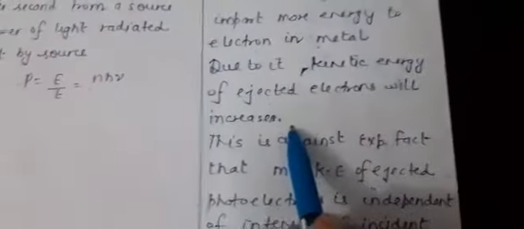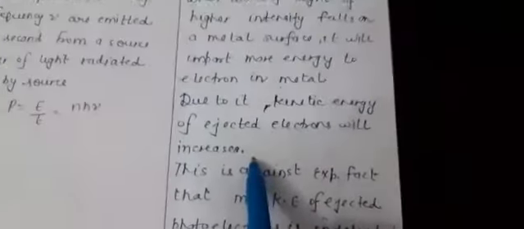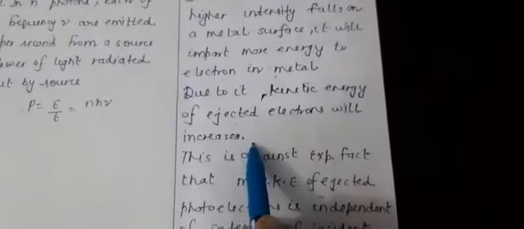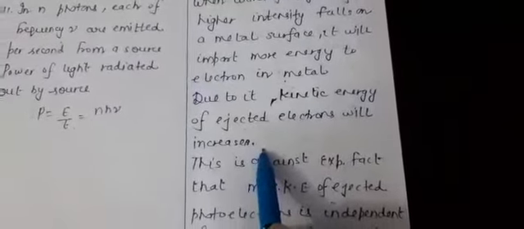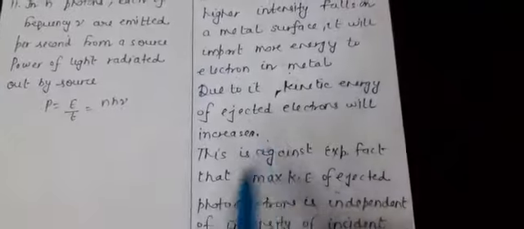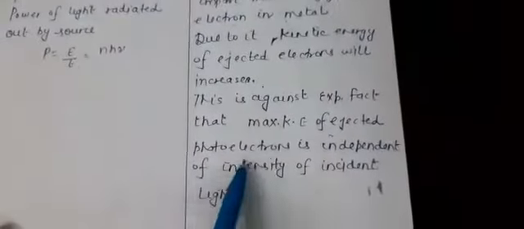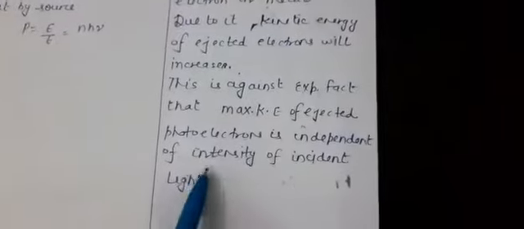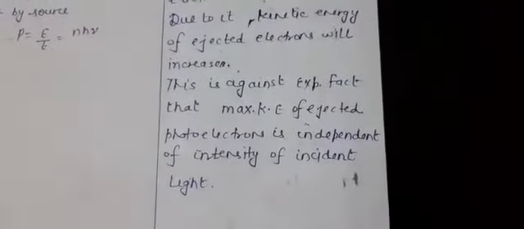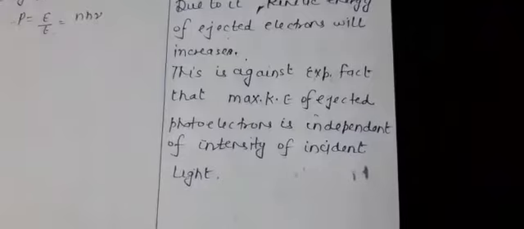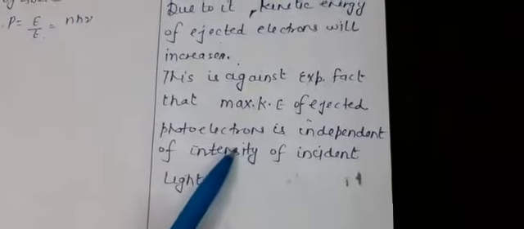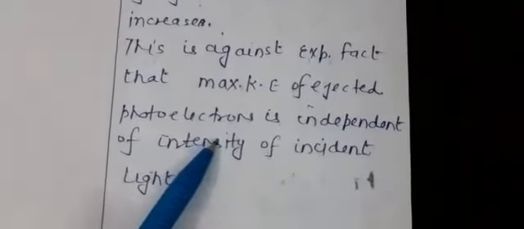So wave theory के according kinetic energy is depending upon intensity of light, but this is not in accordance with the experimental discussion of photoelectric effect, as maximum kinetic energy of ejected photoelectron is independent of intensity of incident radiation. So that's why this point is not explained by wave theory.